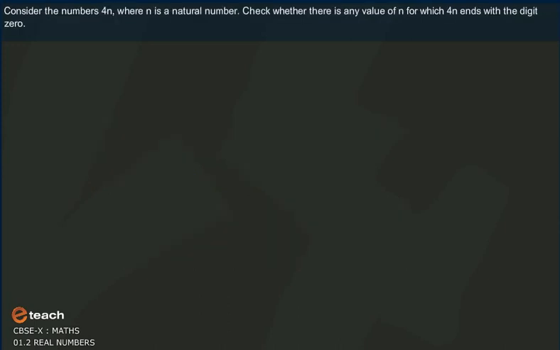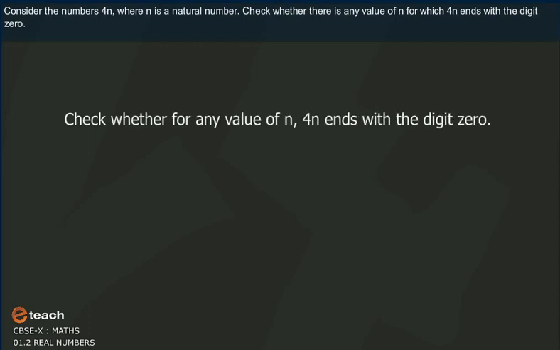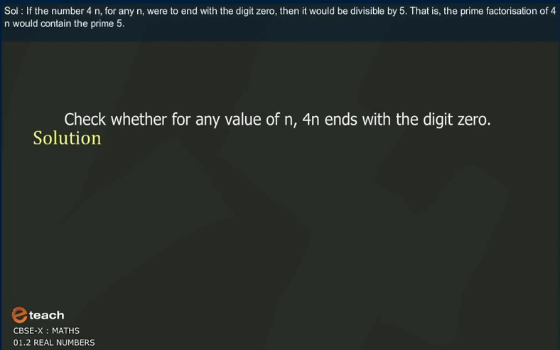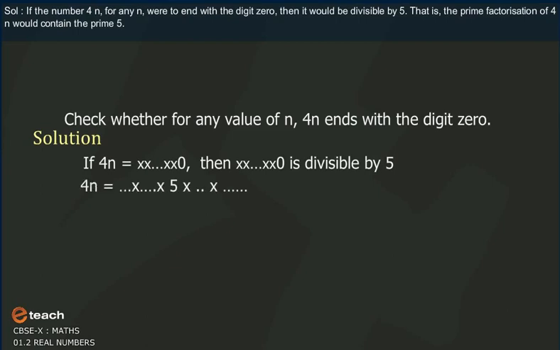Consider the number 4^n, where n is a natural number. Check whether there is any value of n for which 4^n ends with the digit 0. Solution. If the number 4^n for any n were to end with the digit 0, then it would be divisible by 5. That is, the prime factorization of 4^n would contain the prime 5.